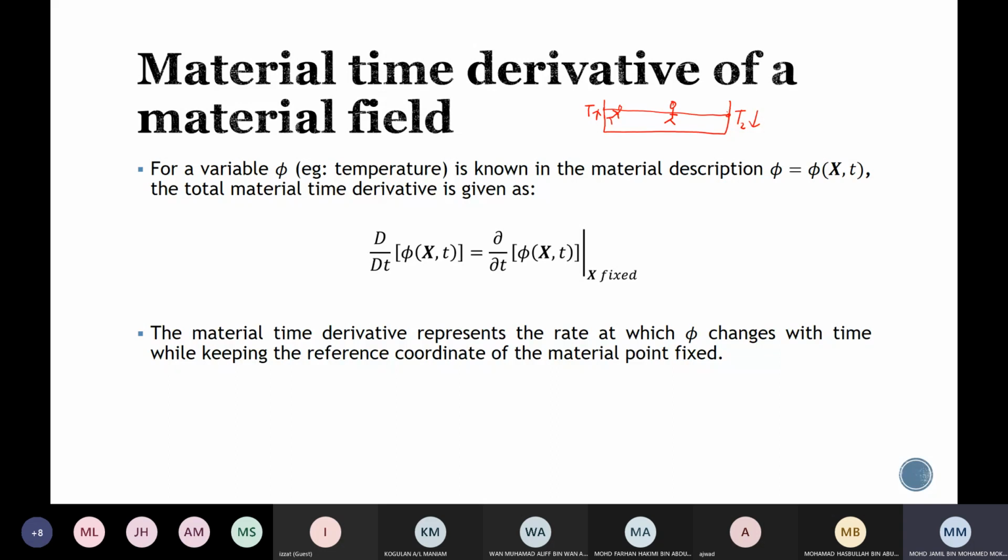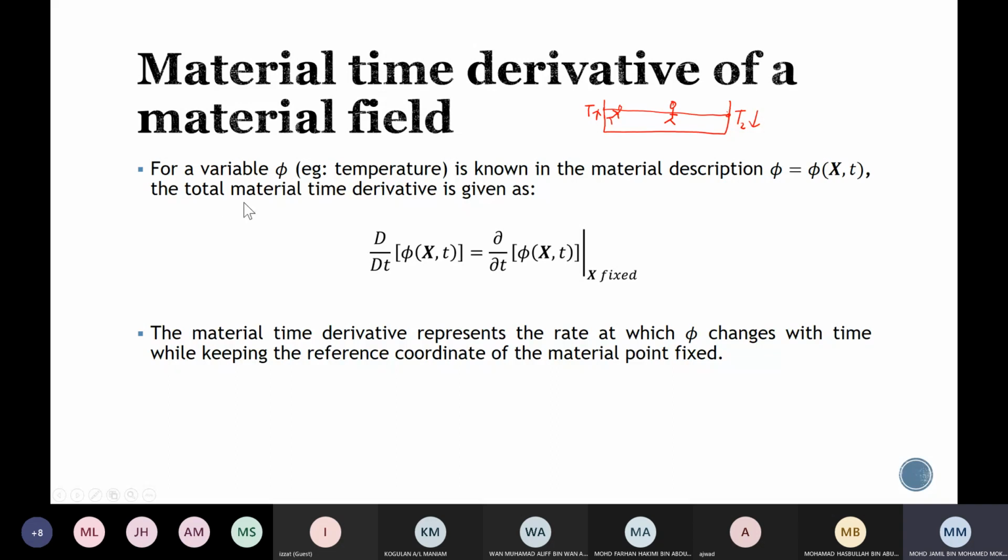So scalar value also changes with respect to either material description or spatial description, okay, similar to position tadi. So let's say for a variable phi, for example, the temperature, and this is known or measured in the material description. So phi is in terms of big X and time.